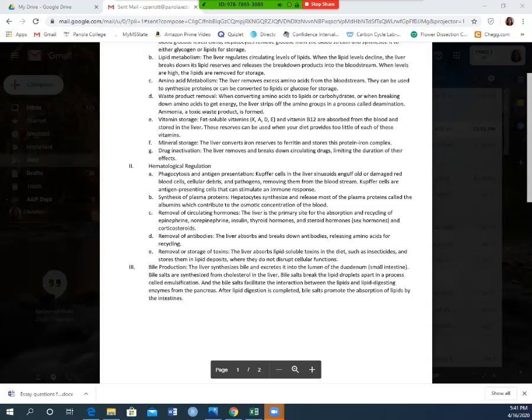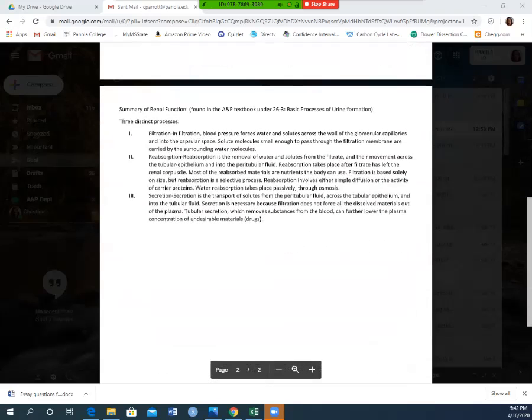So these bile salts are going to facilitate the interaction between lipids and lipid digesting enzymes that are released from the pancreas. After this lipid digestion is completed, those bile salts will promote the absorption of the lipids by the intestines.